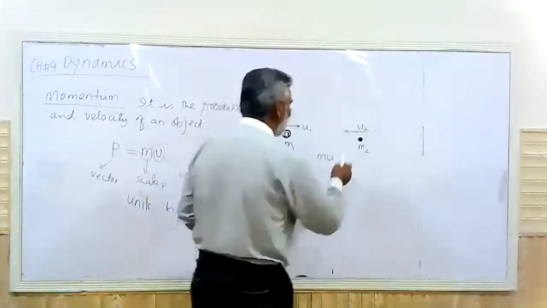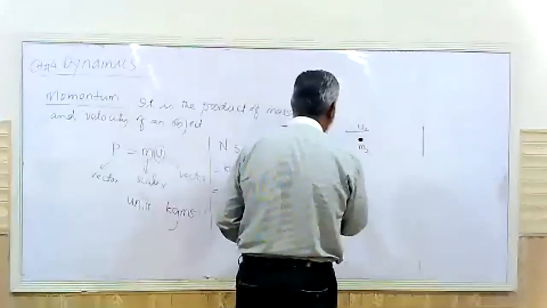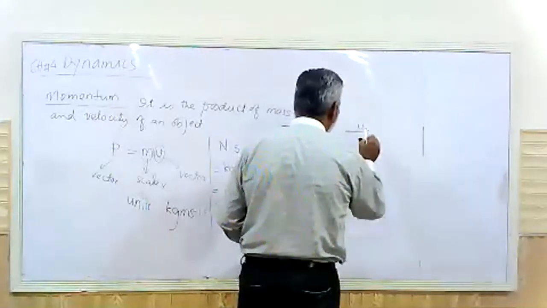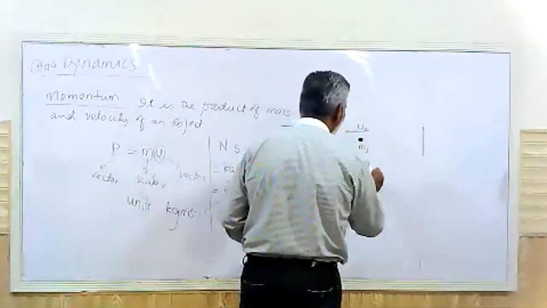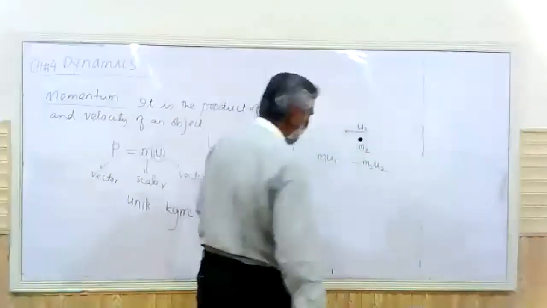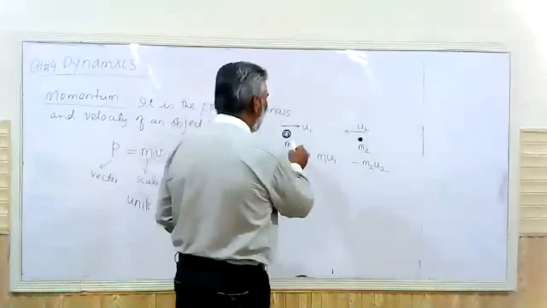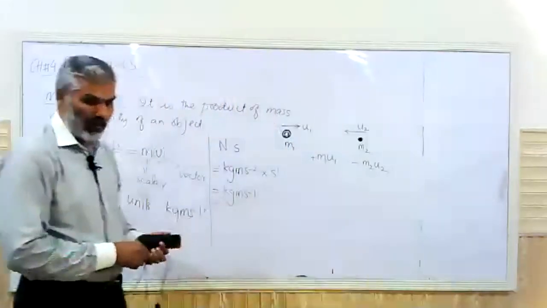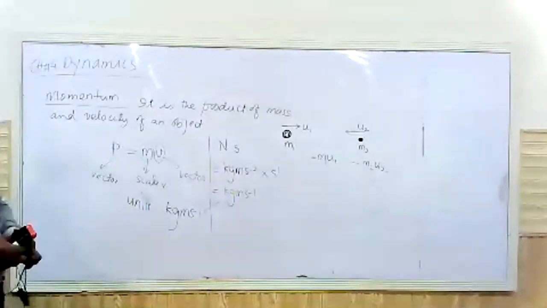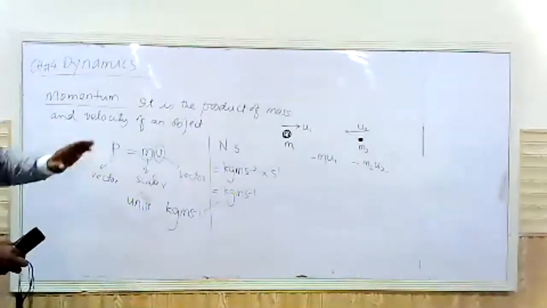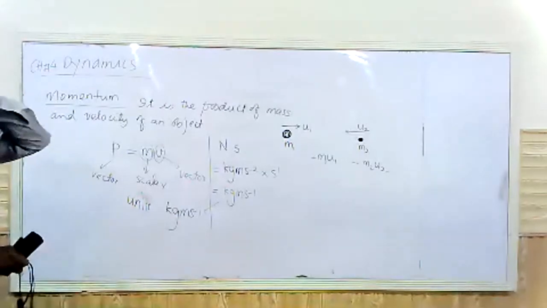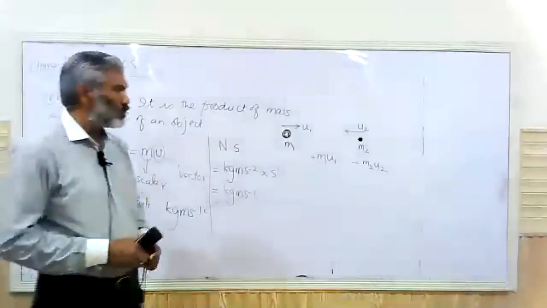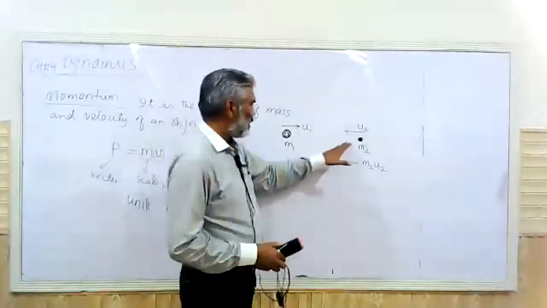What is the momentum of this object? If the momentum of this object is m1 u1, the momentum of this is minus m2 u2. So this is the momentum of an object because this is positive. Conventionally, the positive x direction is taken positive, and if the object is seen to be moving to the left, that is in negative x direction. So minus m2 u2 is the momentum of this.